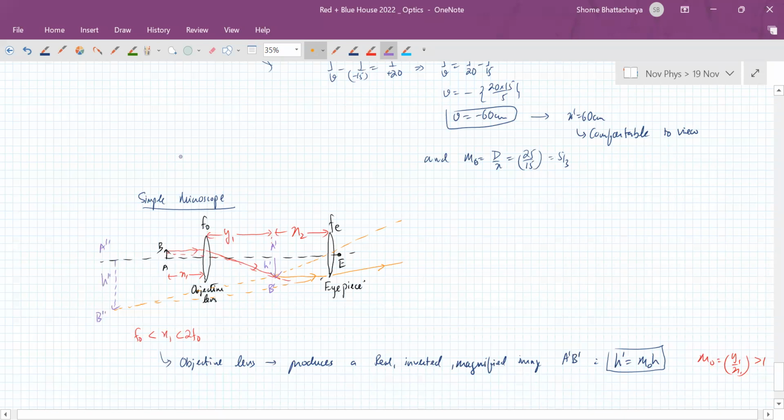So that will be the final image, and that final image is at some distance, y2, let's say. So first of all, you have a relation between these two.